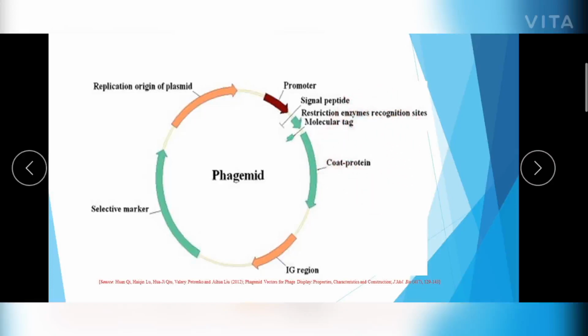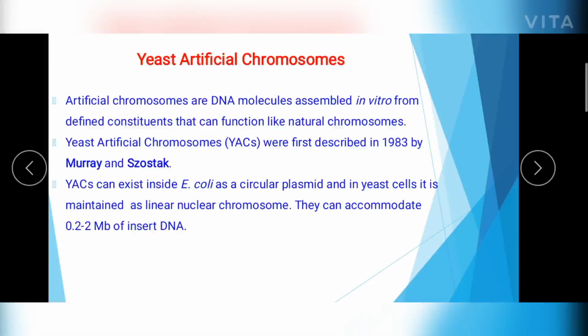In this manner you will be cloning large sized DNA fragments using phagemid vectors. Both single stranded and double stranded DNA fragments can be produced using these phagemid vectors.